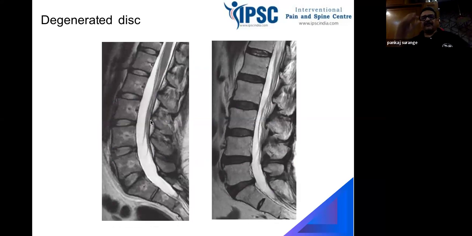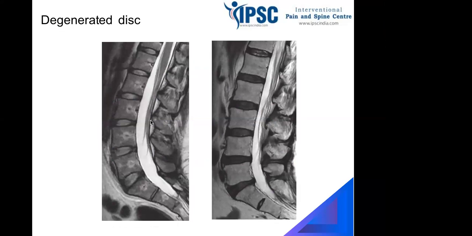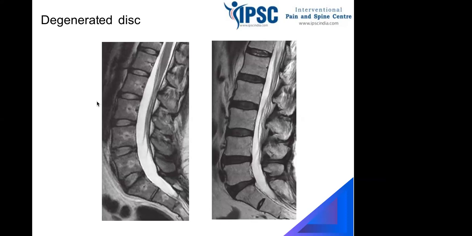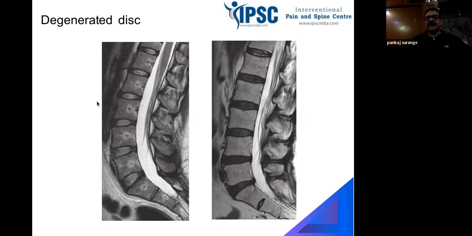Now if you have one single image taken from the parasagittal area, you cannot say whether it is right side or left side. You have to follow the sequence. On axial section, yes, you can say that on the left, this side is right and this side is left. But on sagittal section, looking at one single section, we cannot make out.